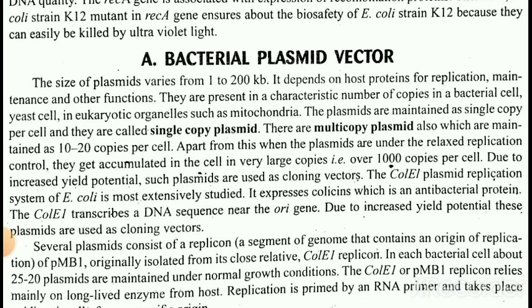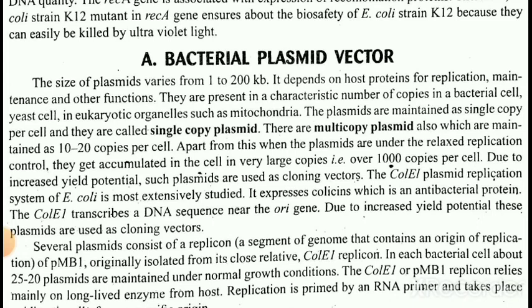A bacterial plasmid vector. The size of plasmids varies from 1 to 200 kilobits. It depends on host proteins for replication, maintenance and other functions. They are present in a characteristic number of copies in a bacterial cell, yeast cell, and in eukaryotic organelles such as mitochondria. Plasmids maintained as a single copy per cell are called single copy plasmids.